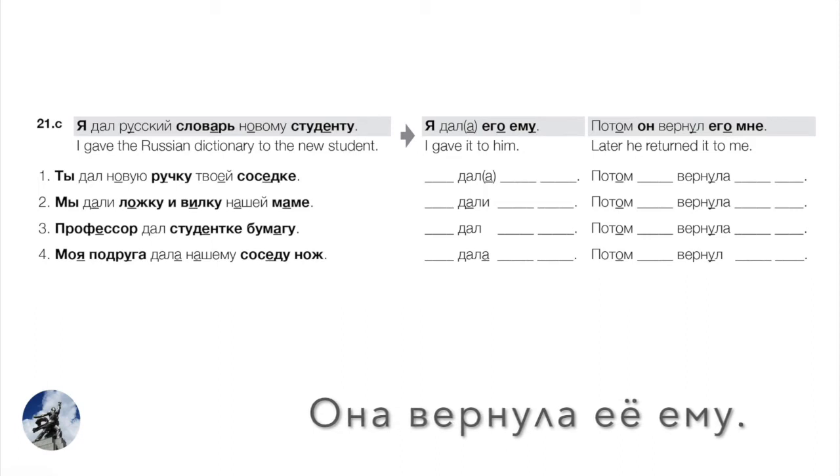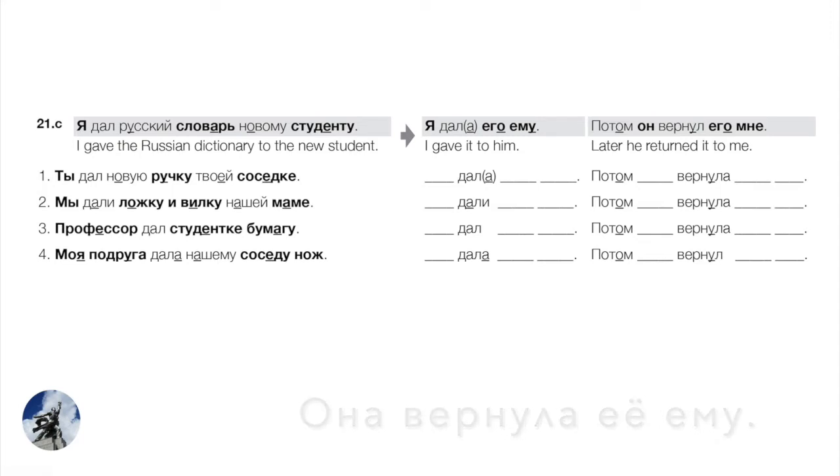Number 4, моя подруга дала нашему соседу нож. My girlfriend, my female friend, gave our neighbor a knife. Okay, она дала, let's say to him, it. Again, kind of using this somewhat unusual word order.